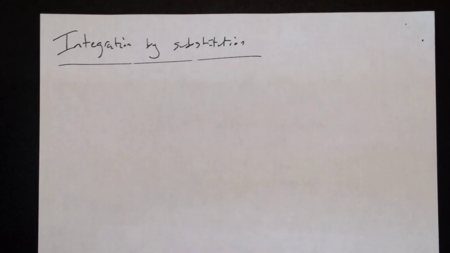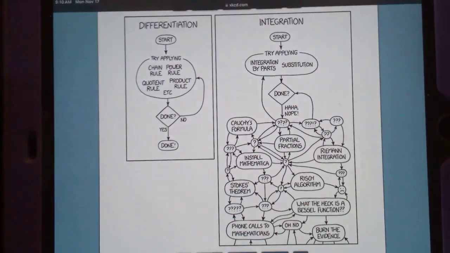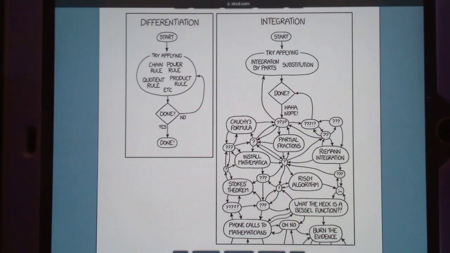One of the difficulties we encounter is there are a lot of derivative rules. There are even more antiderivative rules. This is not a new idea. There are lots of things over here.